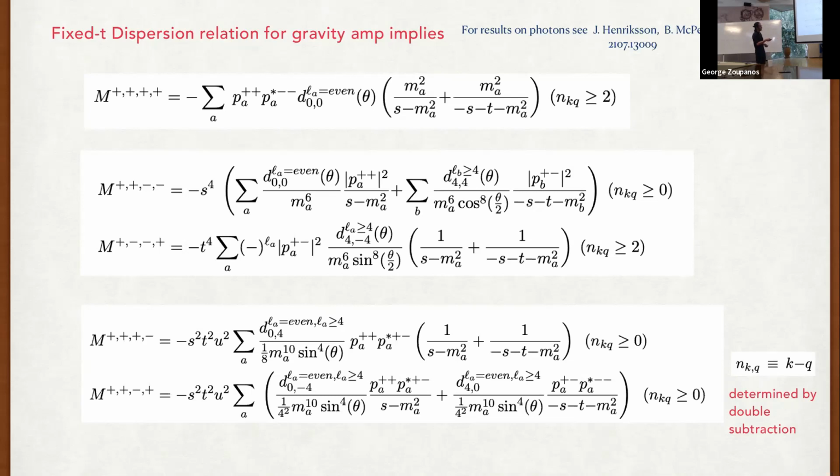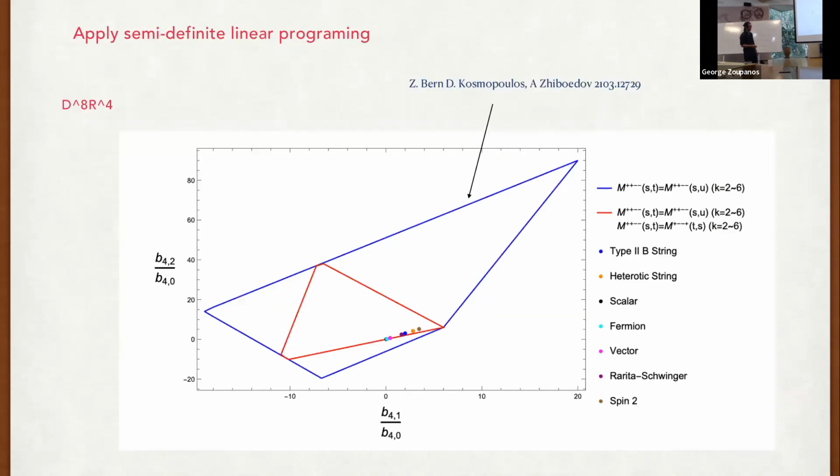The polynomial expansion in s and t on the right-hand side corresponds to what you would get from the imaginary part of the discontinuity of your amplitude expanded on the partial waves. So here you see that partial waves are actually Wigner D matrices, which depend on spin.